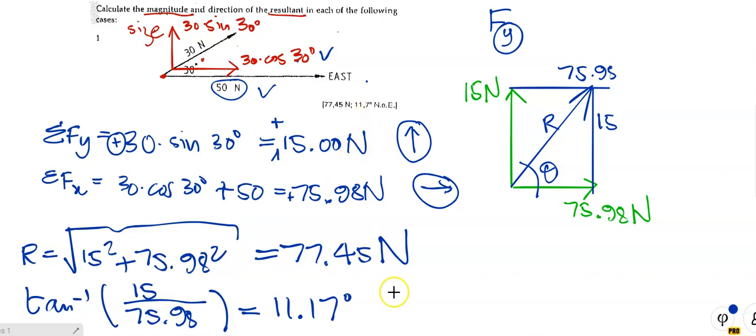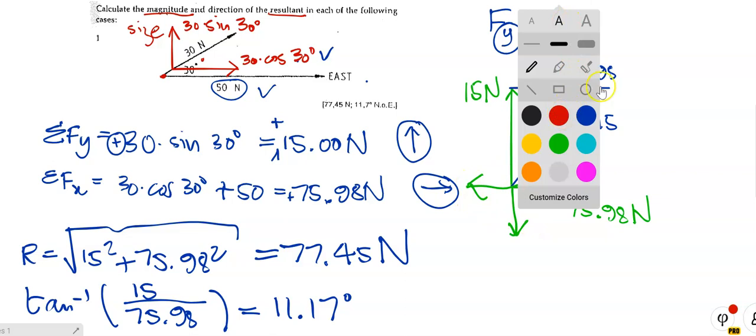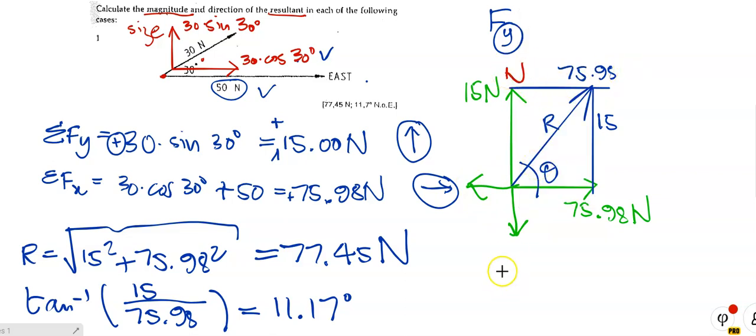And remember I said there's 3 ways to write an answer. Now, if I just extend this over here like so, that's my north line, that's my south line, that's my east line, and that's my west line. Notice here, the resultant is starting at the origin of those axes.